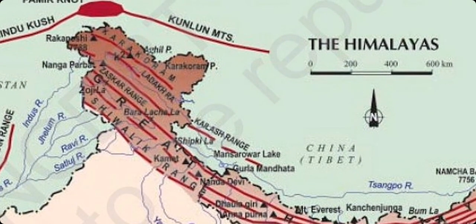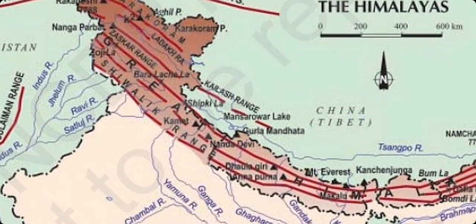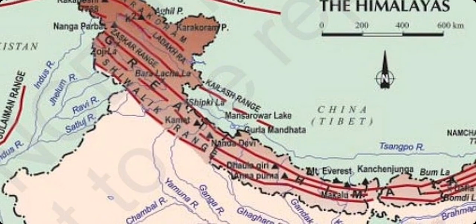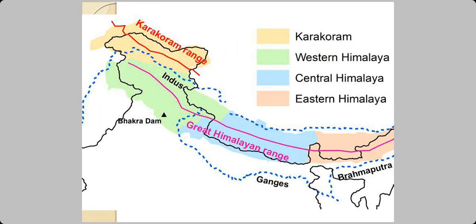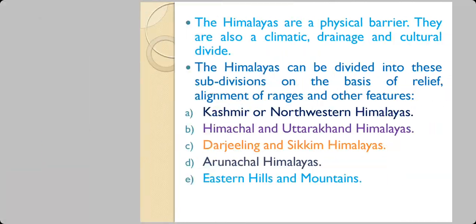The northernmost is the range of Greater Himalaya. The middle one is the Middle Himalayas, also known as the Zaskar range in Jammu and Kashmir, and then the Shivalik range, which is the southernmost. From west to east, westernmost we have the Karakoram range, then the Indus region, and then the Great Himalayan range, and then we have the Eastern Himalayas.